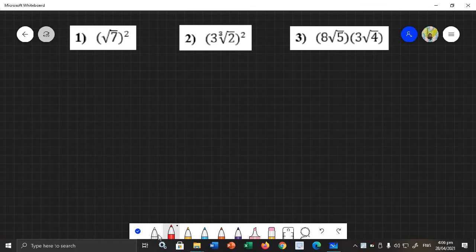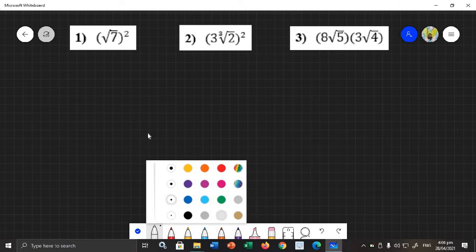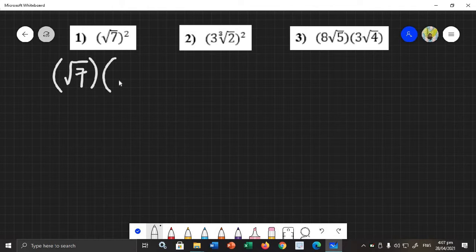Let's say we have the first three examples. Example number 1, we will evaluate this expression: square root of 7 squared. This can be written as square root of 7 times square root of 7, meaning we need to multiply 7 two times by itself. These radicals have the same index, and applying the product law of radicals, you can just multiply their radicals.